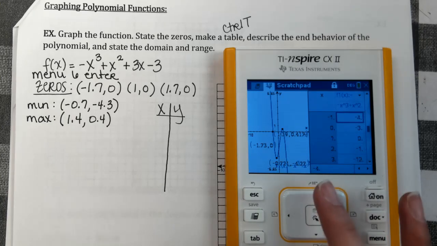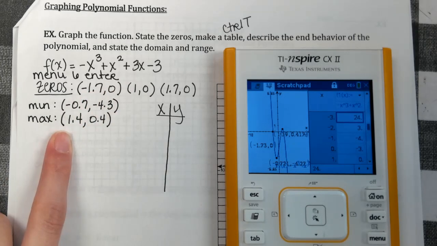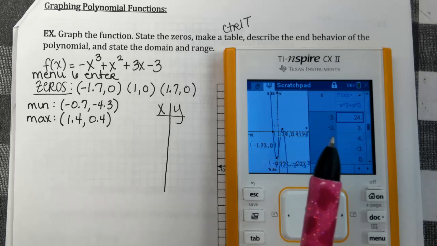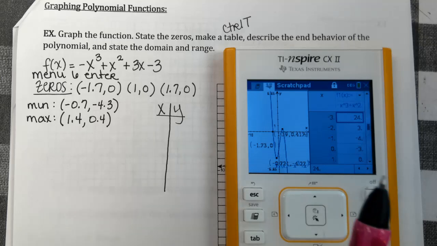Now, what you need to include in your table, all the points you can, including the ones we just found. So negative 3, 24 clearly is not going to fit on my graph. If you want to put it on your table so you know just how high it's going, so you make a good graph, then that's fine.